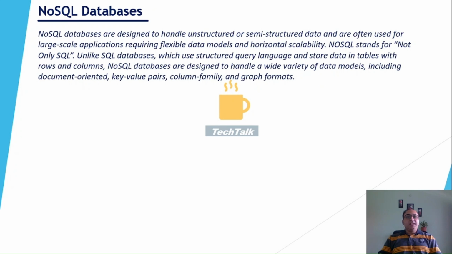But in NoSQL databases, we have a variety of data models. Basically we can categorize data models into four categories under NoSQL databases: document oriented, key value pairs, column family, and graph data formats. We'll discuss all these four formats in a later slide.